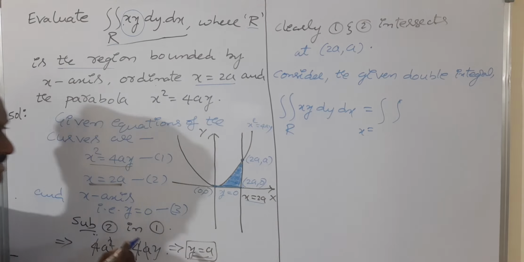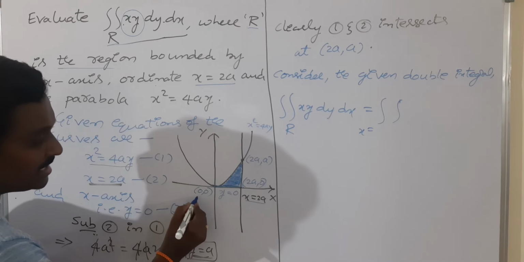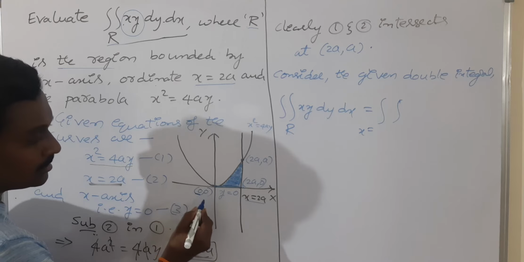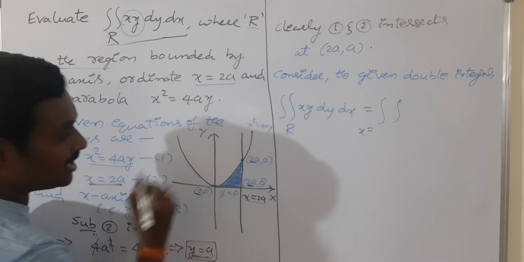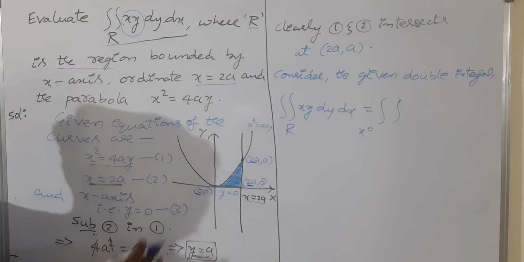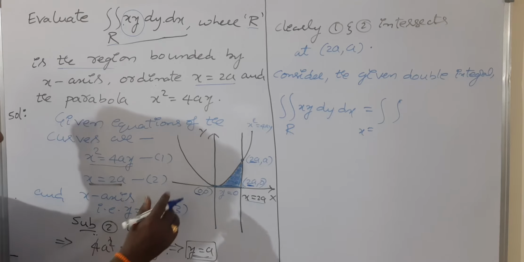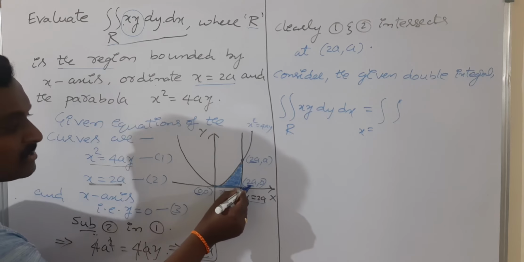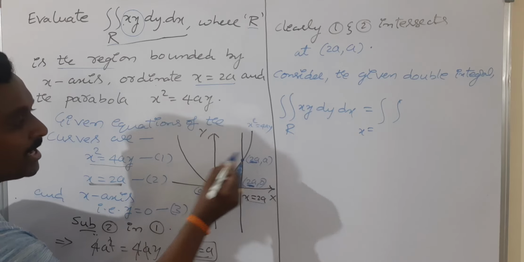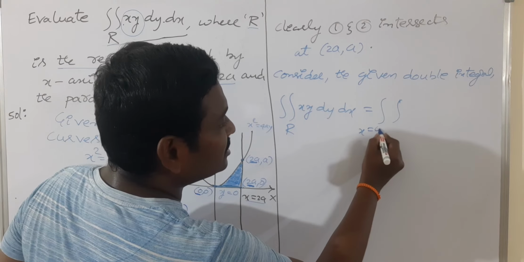What are the x limits here? Here we have three vertices for the region: 0 0, 2a comma 0, 2a comma a. So in these three vertices, observe the coordinates of x. The minimum value of the x coordinate is 0 and the maximum value of the x coordinate is 2a. That's why x varies from 0 to 2a.